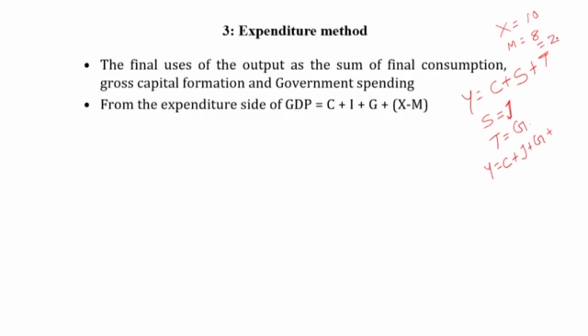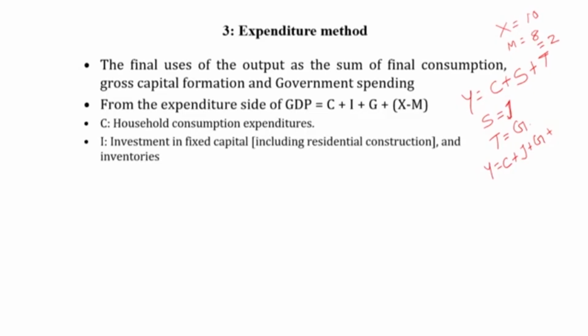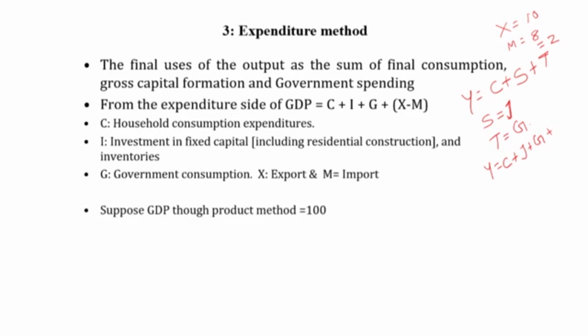That means the total income that we are actually having a surplus here. So the total expenditure side of the economy in an open economy is C plus I plus G plus X minus M. So C is the household consumption expenditure, I is the investment in fixed capital, G is government consumption, X is export, M is import.